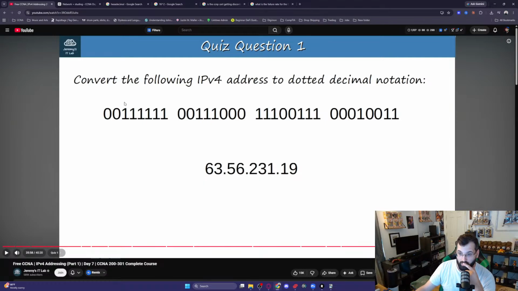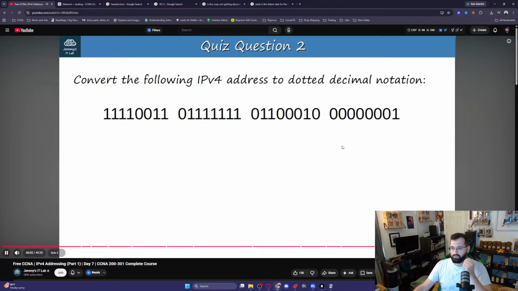And then 21 plus 64 is still not 63. 32. Okay, that makes a little bit more sense. This one's easier. That's 1, that's 2, so that'd be 3, 4, 8, 16. So 16 plus 3 is 19. Okay. Let's go to question 2.